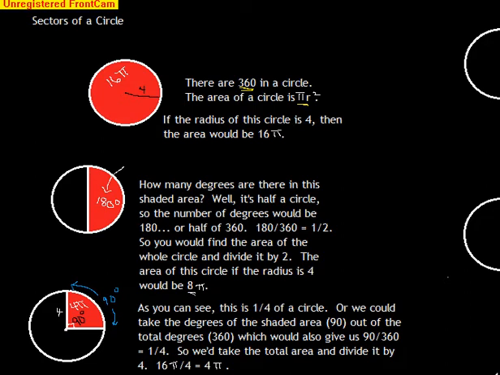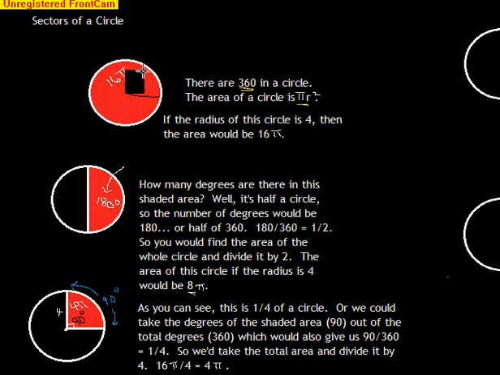So, a sector is the area when two radii connect the endpoints of the arc to the center of a circle. Let me just draw a quick sector here. If I'm going to put a sector in this circle, it would look like this.